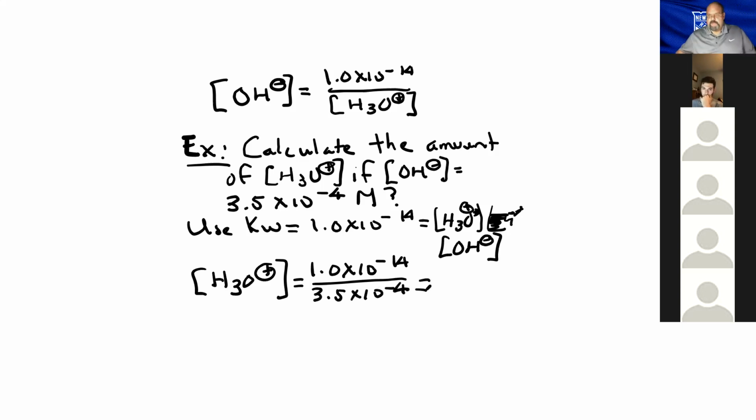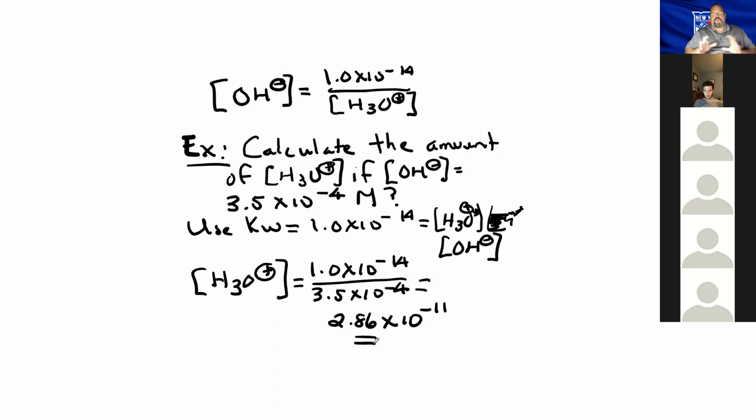If you plug that into your calculator, and I'll use my phone to help me, we've got 1 exponent 14 divided by 3.5 times 10 to the minus 4th. Hopefully you come up with an answer of 2.86 times 10 to the minus 11th.